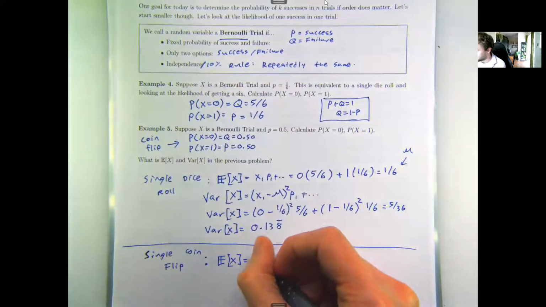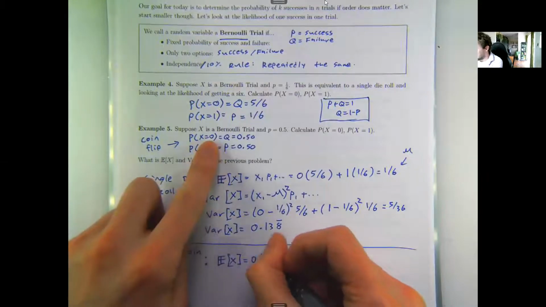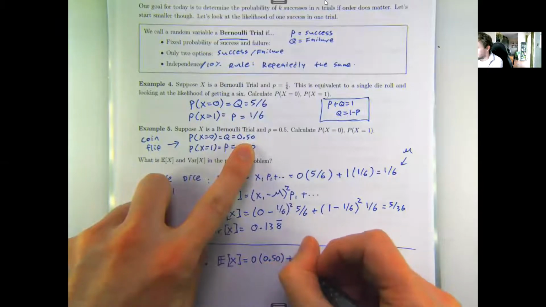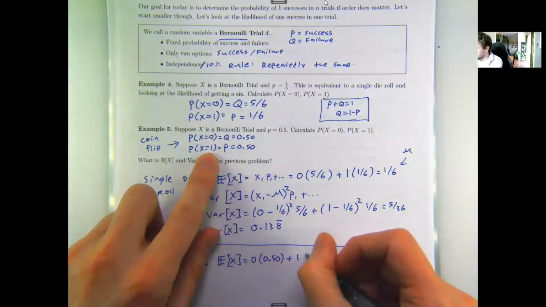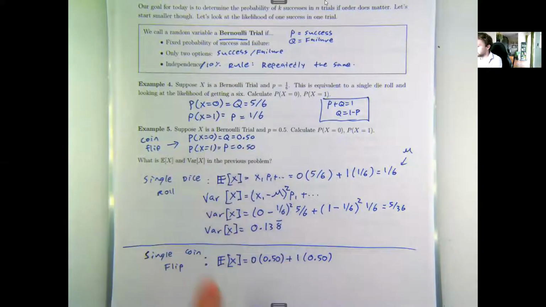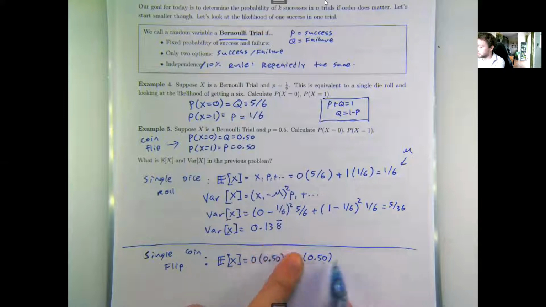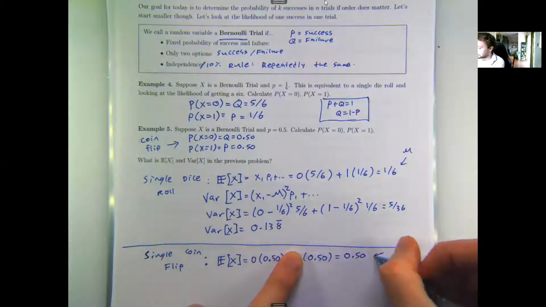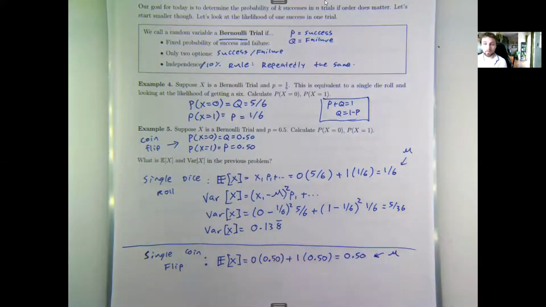The expected number of heads, so I'm going to take 0 heads, happens 50% of the time. 1 head happens 50% of the time. 0 times anything is 0. 1 times that just gives you that piece. So that's 0.50 is your mu.